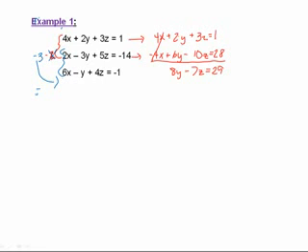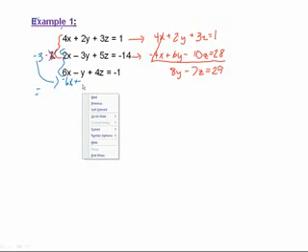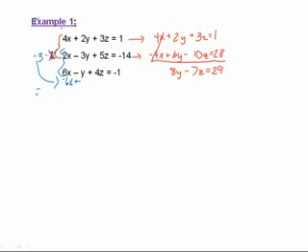So negative 3 times 2 is negative 6x plus negative 3 times negative 3, 9y, minus 15z is equal to positive 42.